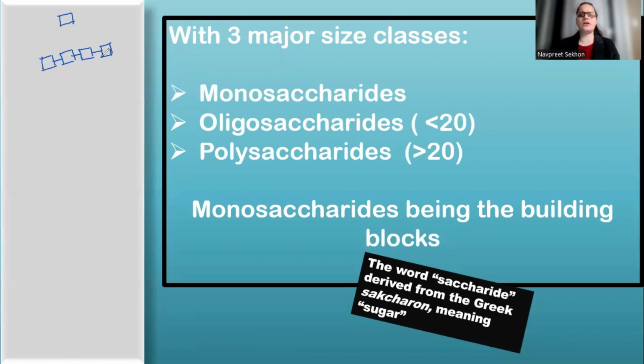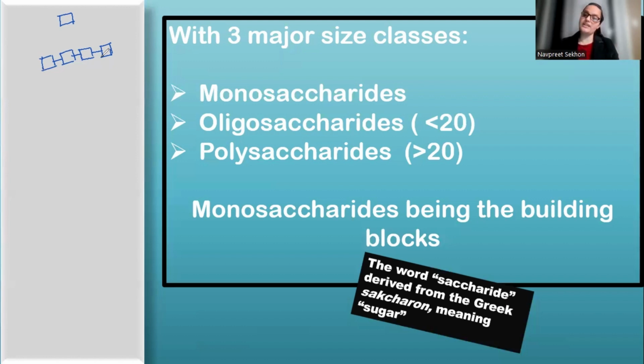So this is the basic classification as well as the basic structure of the carbohydrates. This gives us an idea that larger carbohydrates are made up of smaller units, and those smaller independent units are the monosaccharides. When these smaller independent units form bonds among themselves, they can form chains, which can be branched and unbranched.